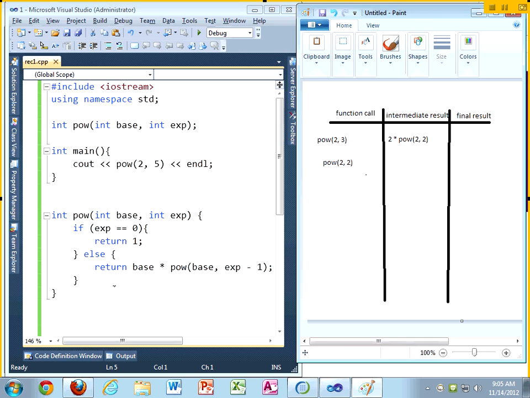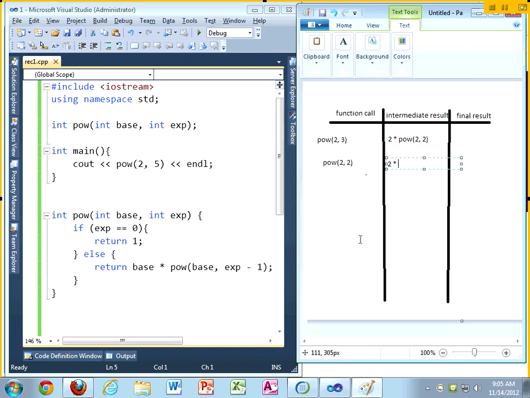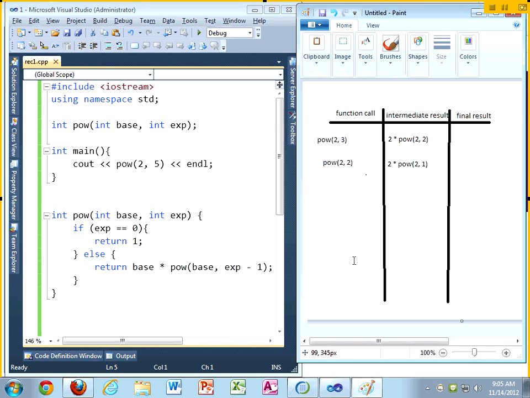Okay? So now we go back and look at our code because we're trying to figure out what PAL of 2, 2 is. And PAL of 2, 2 turns out to be 2 times PAL of 2, 1. Okay? Now, we can't do the final result yet because we don't know what PAL of 2, 1 is, right?